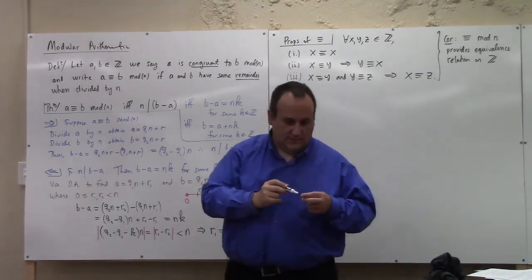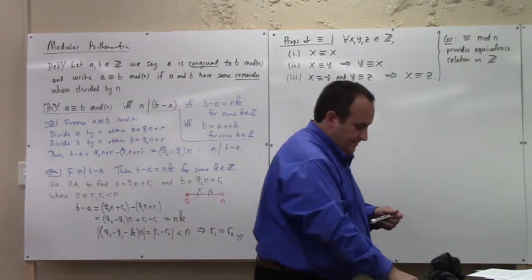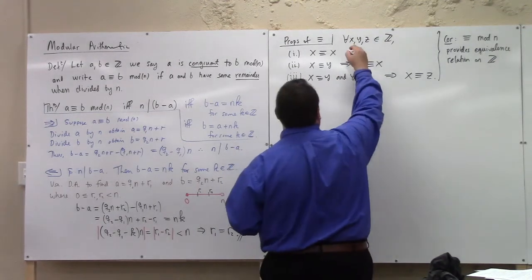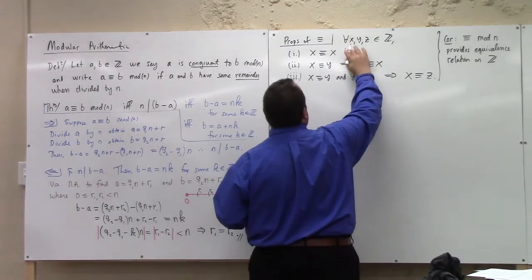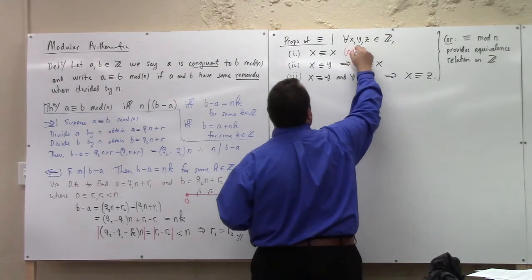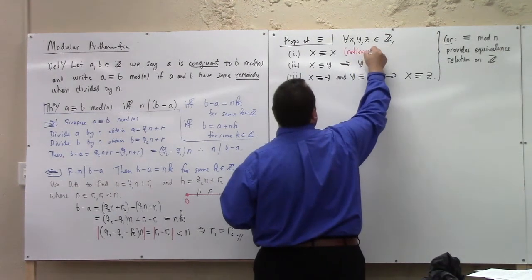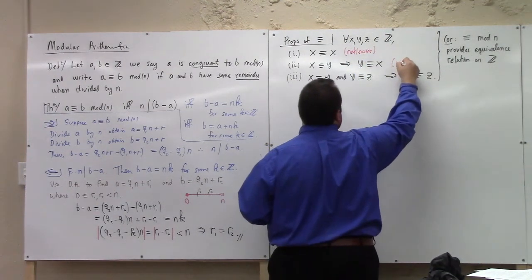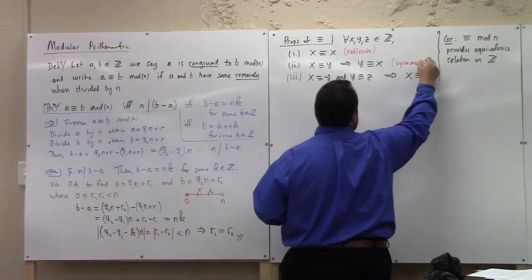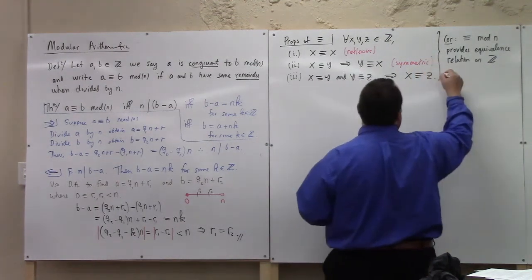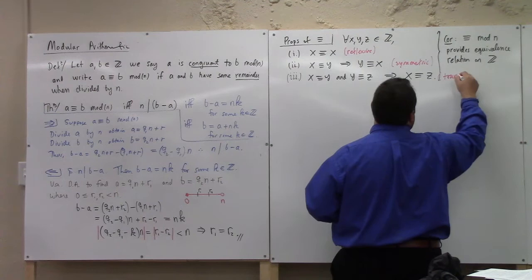Because it's what? Reflexive? Transitive. Mm-hmm. And symmetric. Right, reflexive. This one is symmetric. And yeah, the last here is transitive.